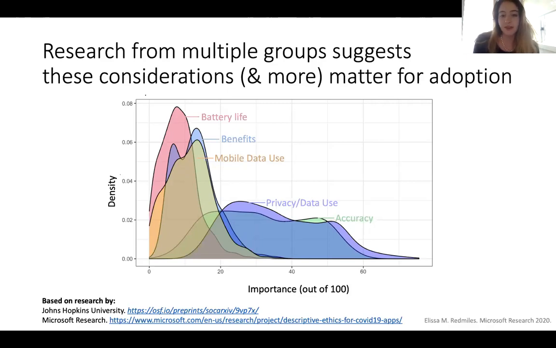And we see that there's importance from at least 5 attributes that were tested there. And other research, for example from Hopkins, has also shown other attributes being important. So there's definitely a number of things that are going into people's complex decisions around these apps, even more so than traditional apps that aren't health related or pandemic related.